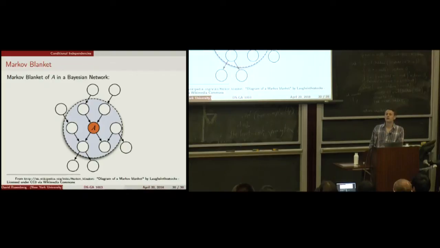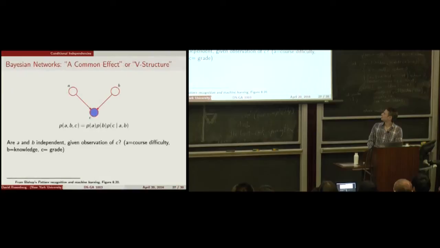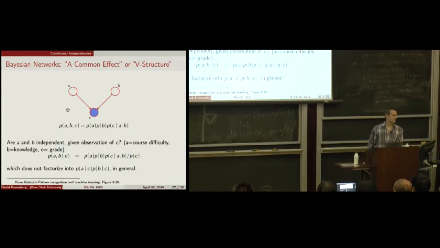Say again? The parents of the children of A. Why is that? Because of the common effect thing, exactly. This is exactly the case where you need the parents of the children. We want to know everything we can about A. We know the child C, we need that for sure. So we can still get information out of B because A and B are not conditionally independent given C.